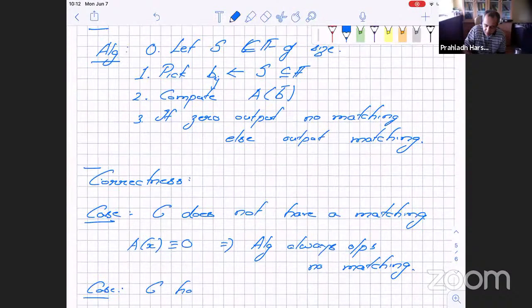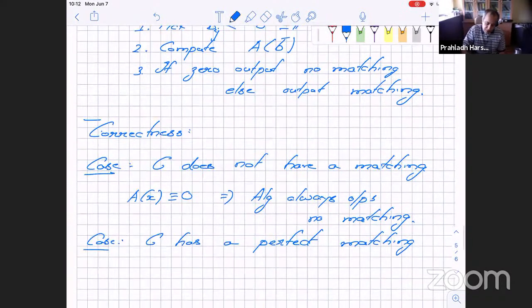Now let's look at the other case. G has a perfect matching. In this case, det A(X) is not identically 0. What is the degree?